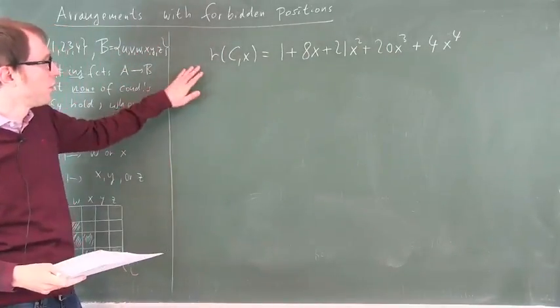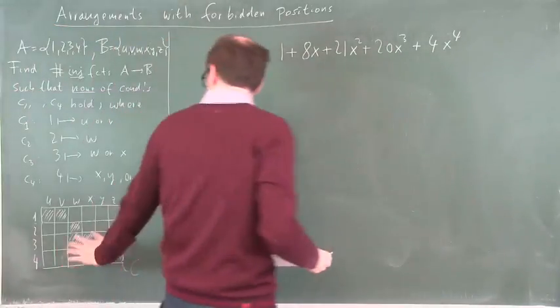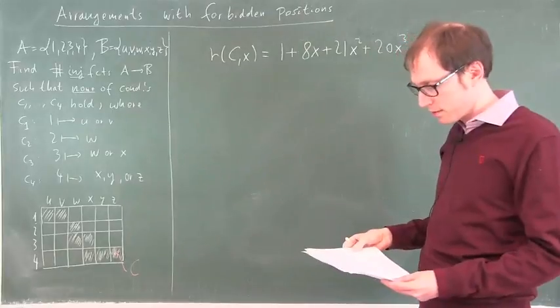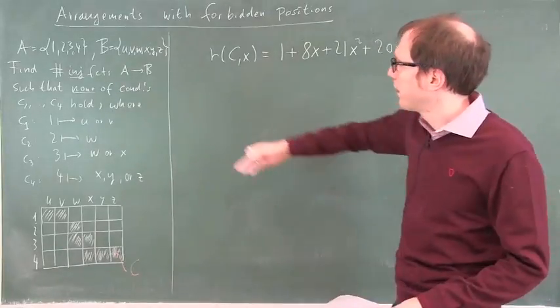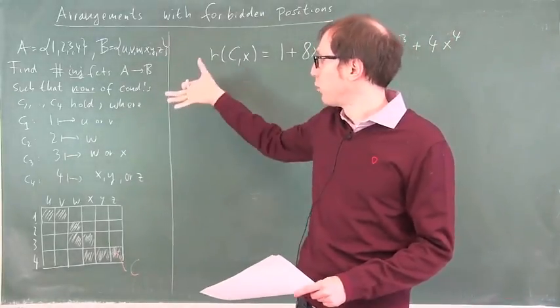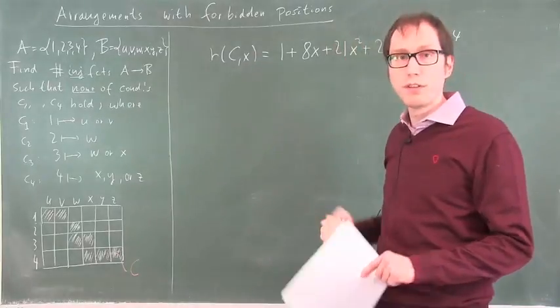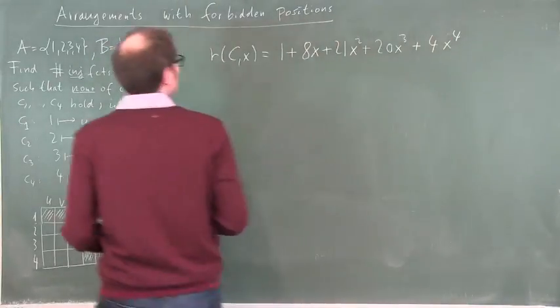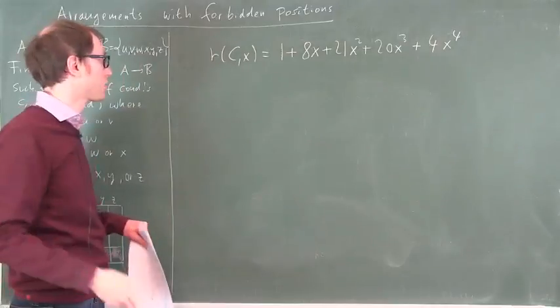This is the rook polynomial for the board of forbidden positions. So we want to express the number we want in terms of the notation we've just learned about in the last lecture.